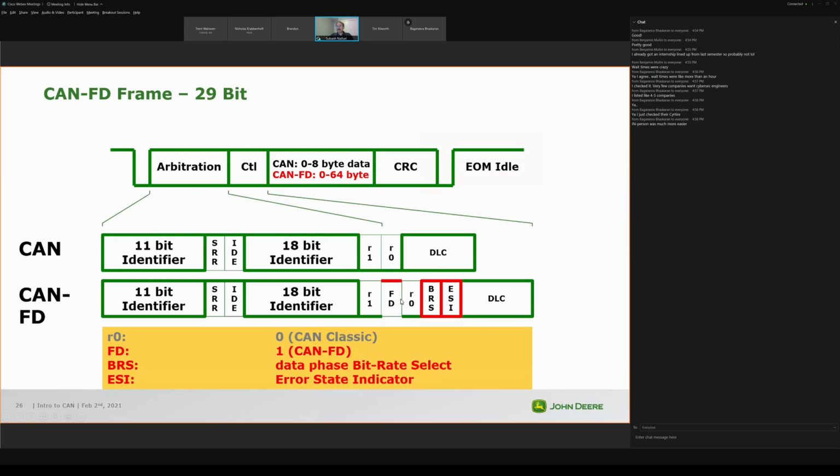The only difference is that R0, that's reserved bit 0 and reserved bit 1, gets flipped, so 0 here to 1. That tells the low-level drivers, the hardware drivers, hey, there's an FD frame, so I should be ready with that. And you also have to tell whether you have a higher baud rate data frame coming in.